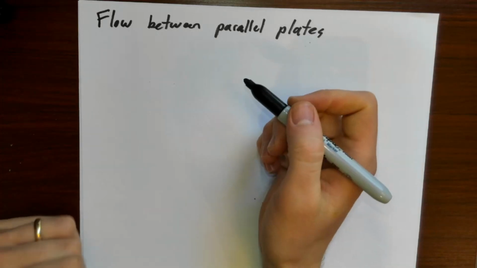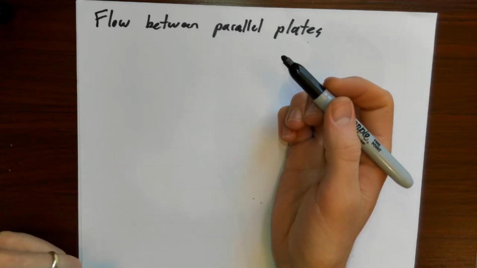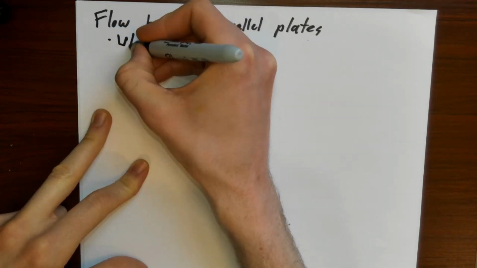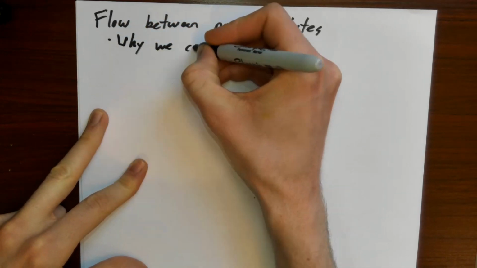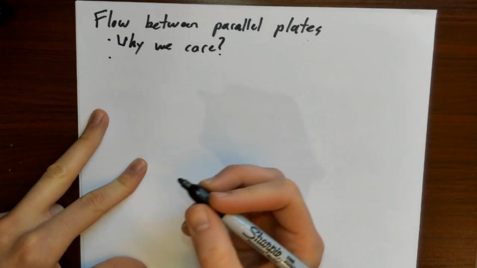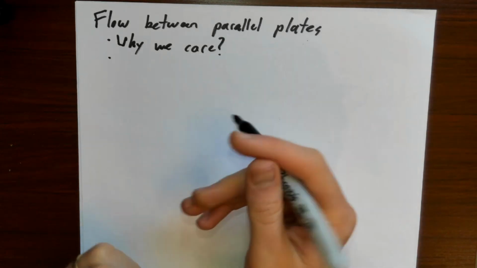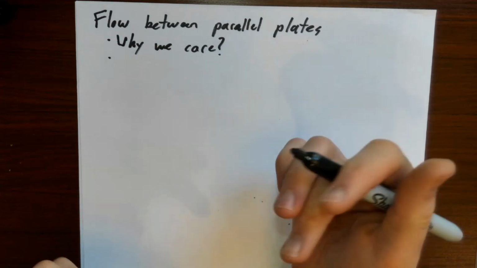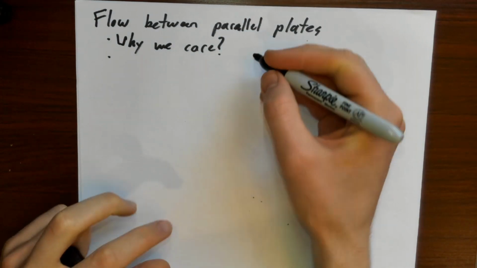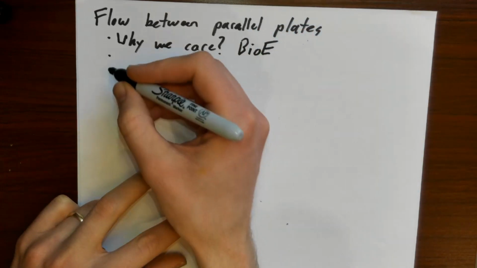I don't think too many of you are going to make a career out of flow between honey and cutting boards, so I'm going to preface this with a discussion of why we care about a flow like this. Then we're going to solve an example problem which makes use of this flow. So why we care: we're going to talk about applications, particularly in BIOE.